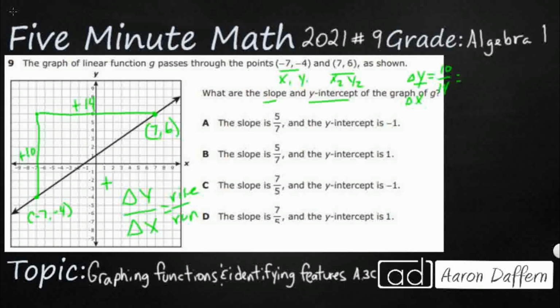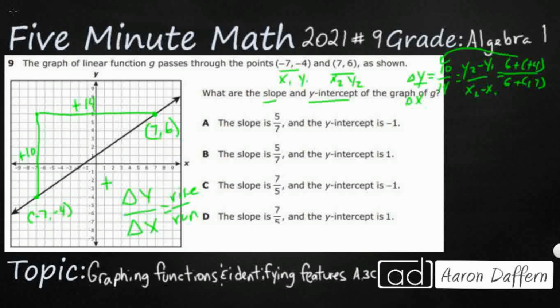So it's going to be that y2 minus y1 over x2 minus x1. That's going to get us 6 minus -4. So that's 6 plus 4, which makes 10. And then it's going to be 6 minus -7, which means that's going to be a positive.